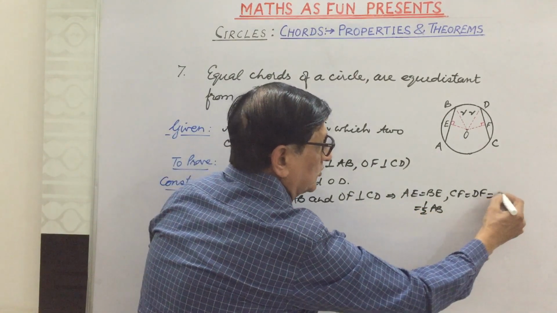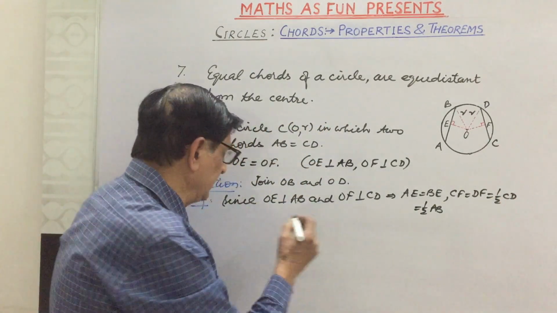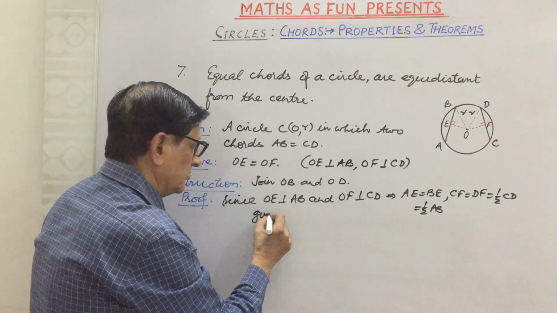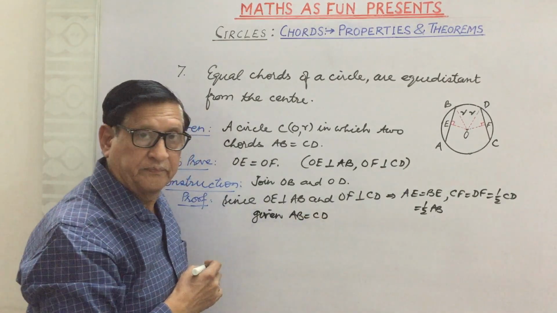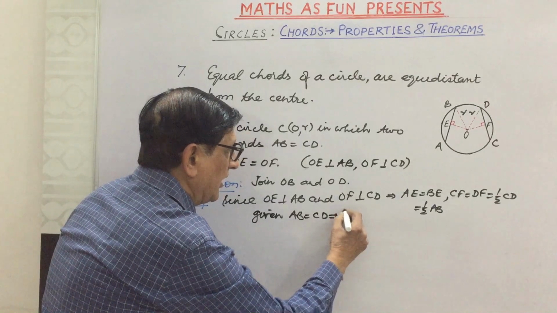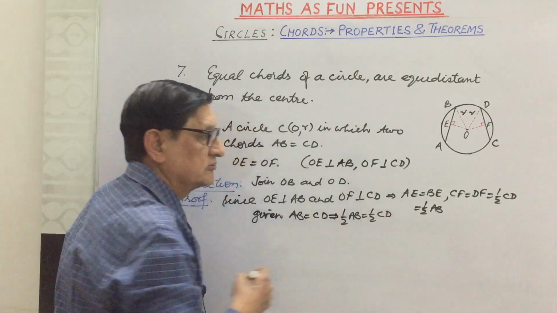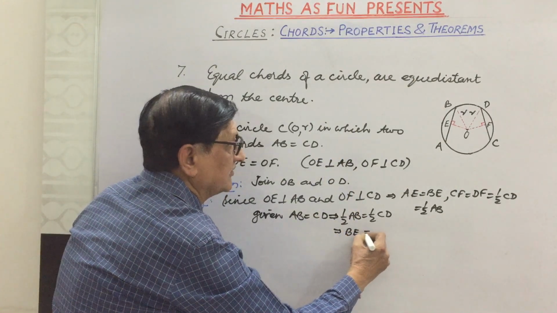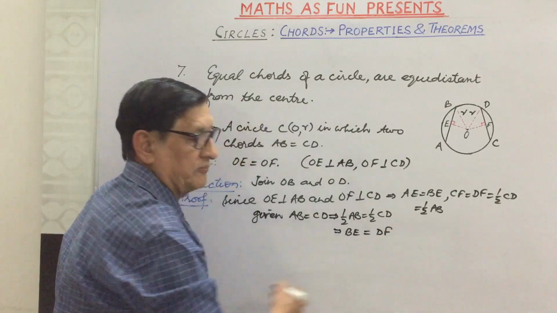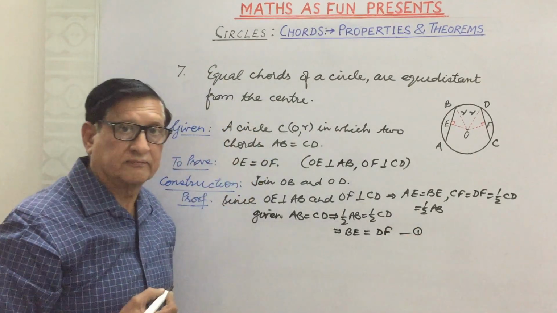This will be equal to half of CD. Now we have been given that AB is equal to CD. It means half of AB also will be equal to half of CD, or not. It means we can say that BE is equal to DF. We can write this as 1.